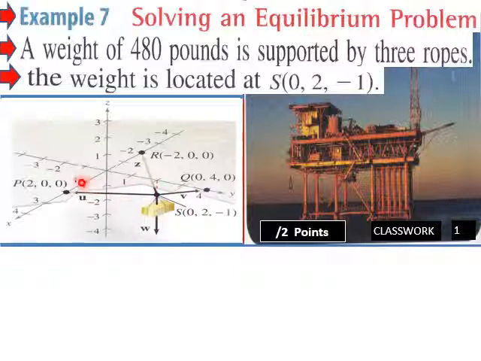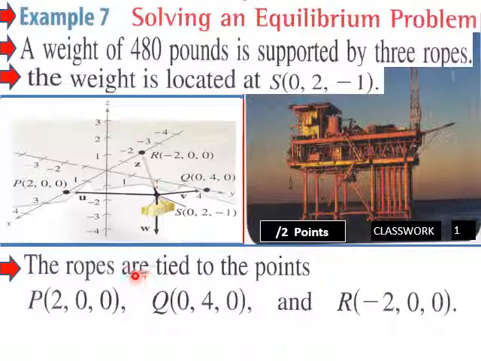X would be 3, and then 2 would be our Y, out here, and then -1 drops down -1 on our z-axis, so that would be the coordinate of that.